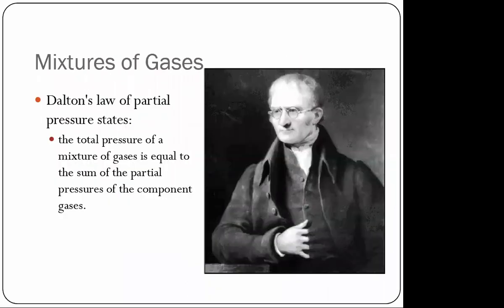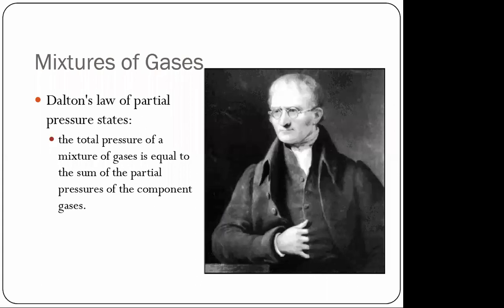Another law has to do with mixtures of gases, and that is Dalton's law of partial pressure. Dalton's law of partial pressure tells us that the total pressure exerted by a mixture of gases is equal to the sum of the partial pressures of the component gases.